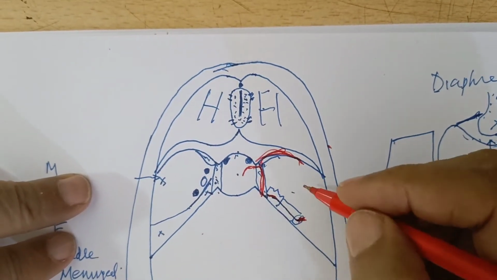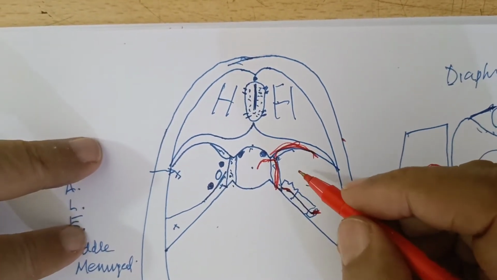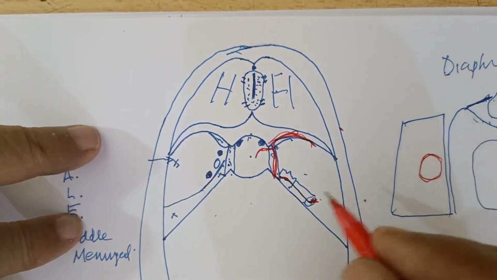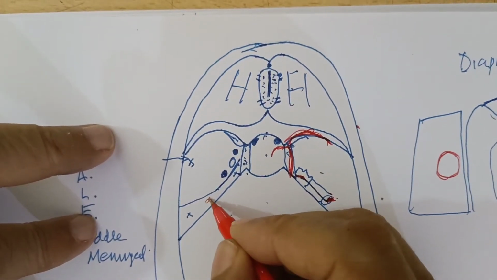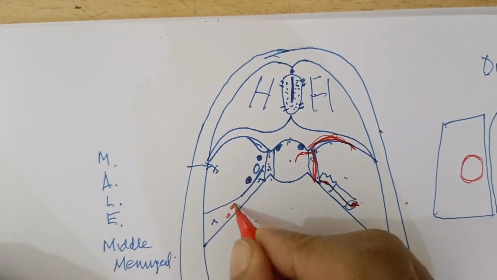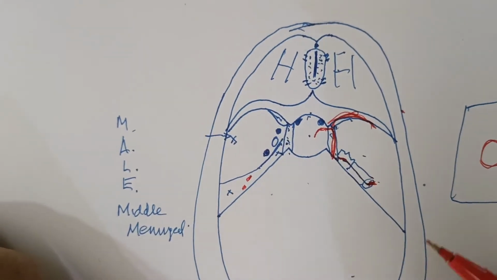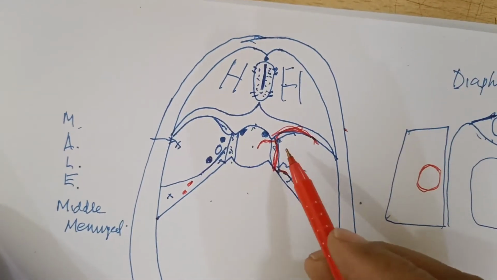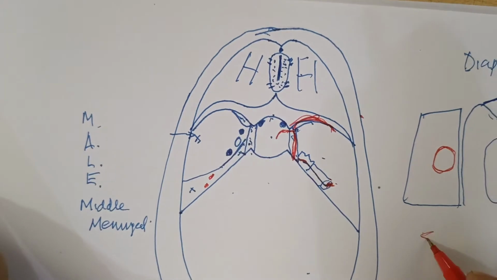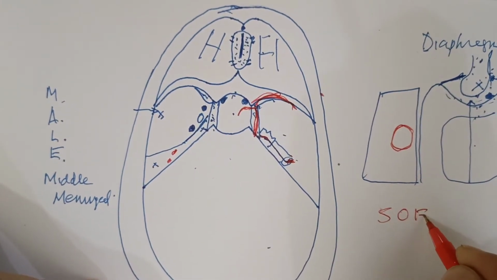Then you have two foramina here, which are called the hiatus of the lesser and greater superficial petrosal nerve. So what passes through the superior orbital fissure?